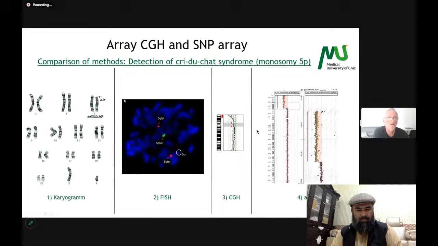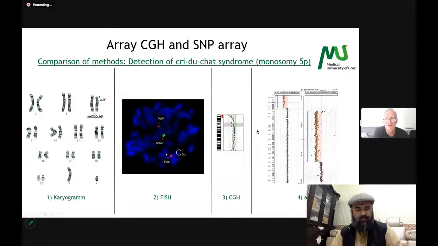So you see clearly many methods would be able to detect this rather large deletion, but when it comes to smaller deletions or insertions, then the karyogram will not be suitable anymore. The FISH method would only be very specific.